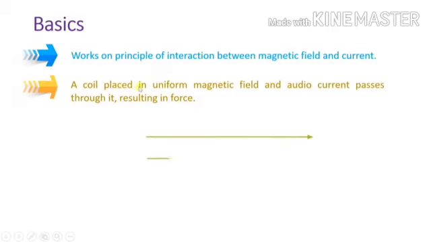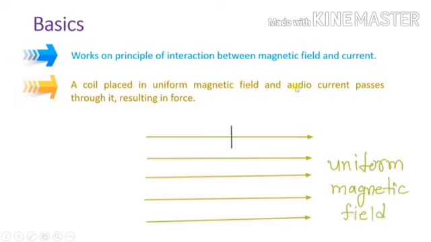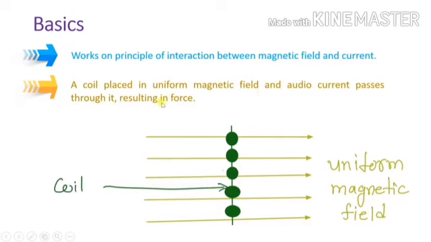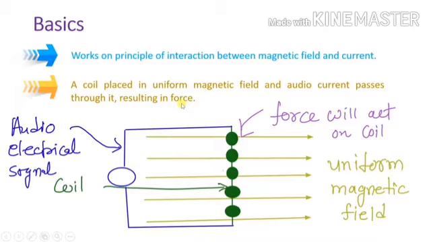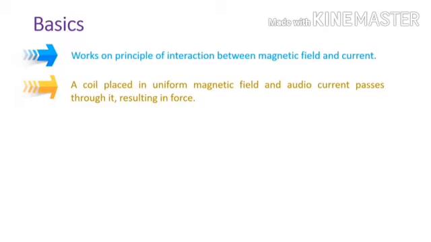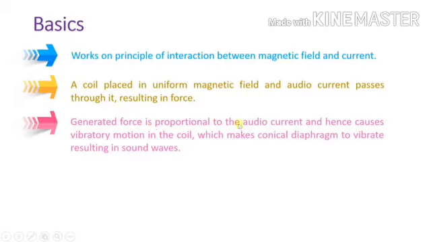See, a coil is placed in a uniform magnetic field and we pass audio current through the coil. That current through the coil results in a force on it, and that force may be for compression and it may be for rarefaction, and based on that sound is generated. The generated force is directly proportional to the audio current, and hence it produces vibrational motion in the coil, and that is what results in generation of sound.